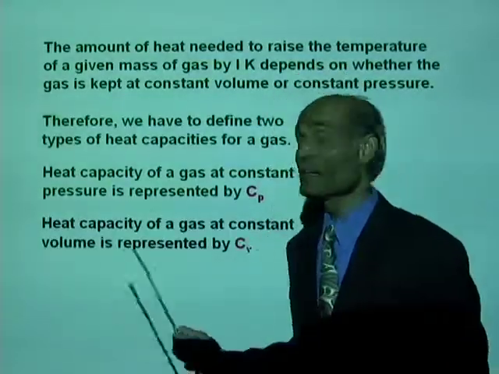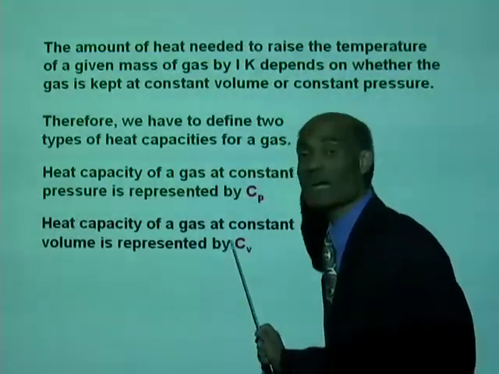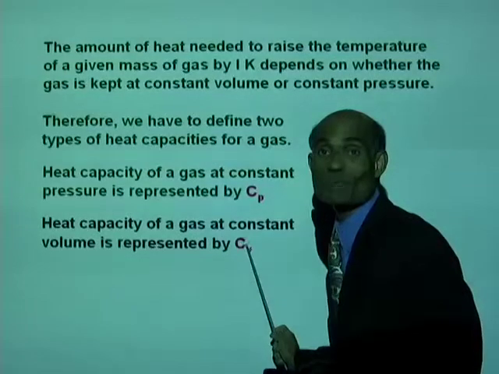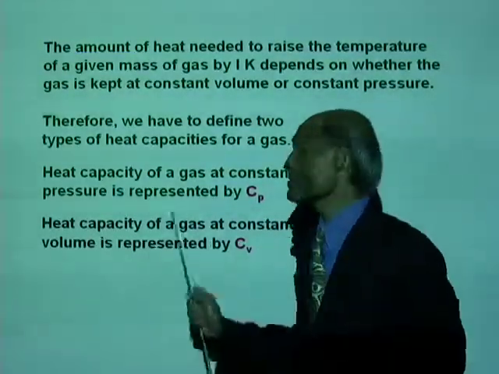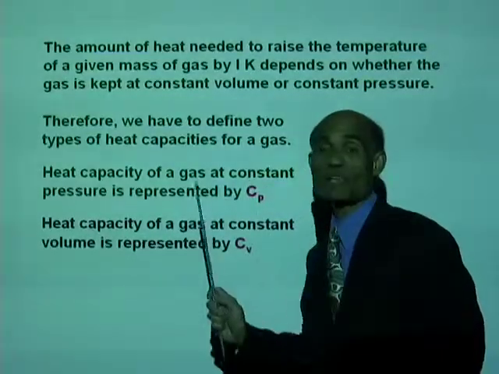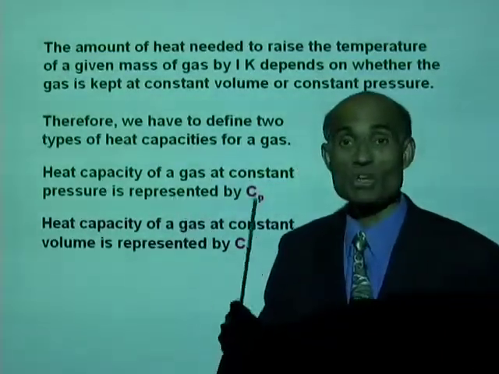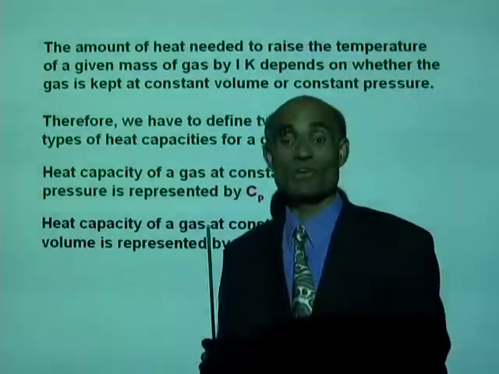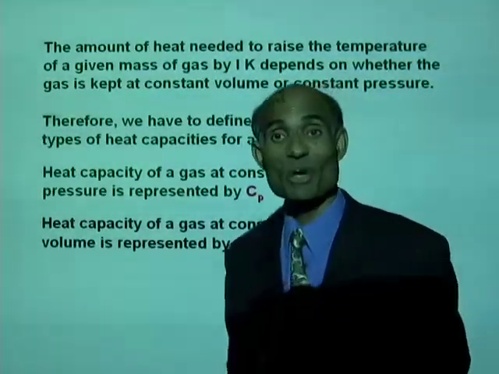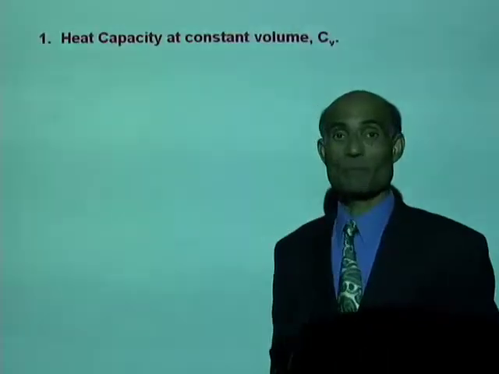In the same way, the heat capacity of a gas at constant volume will then be C sub V. So Cp stands for heat capacity at constant pressure, and Cv stands for heat capacity at constant volume.